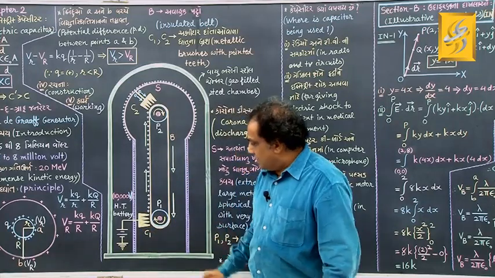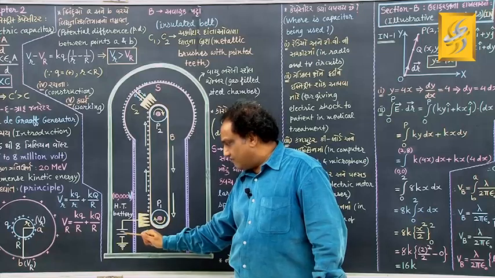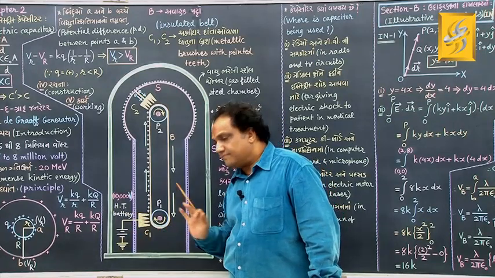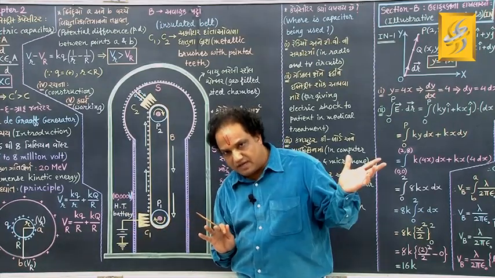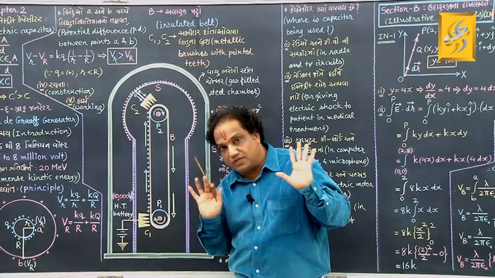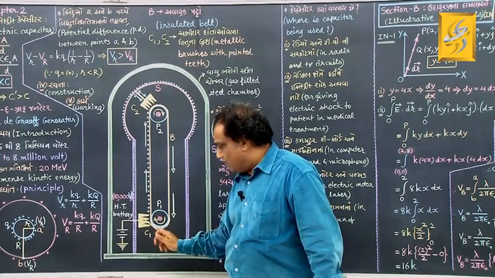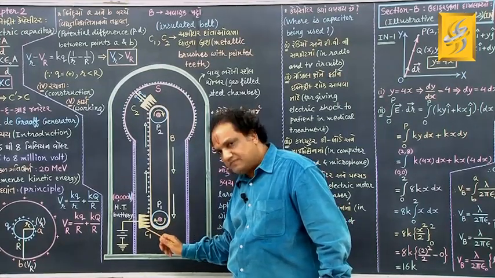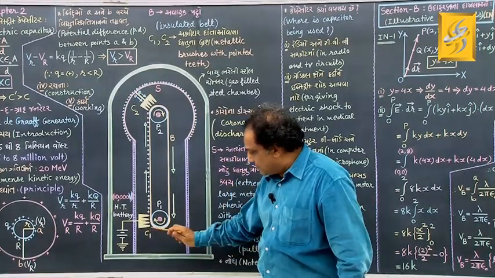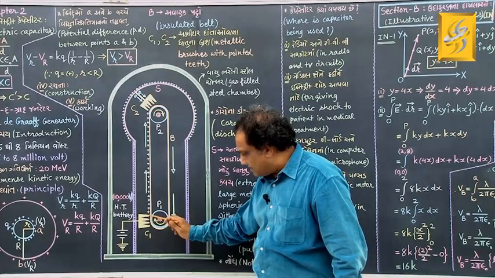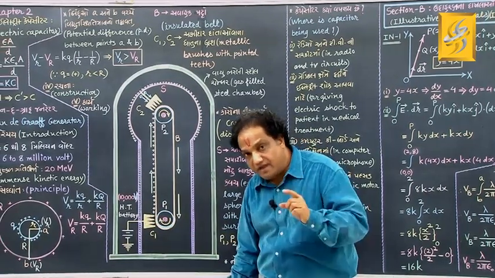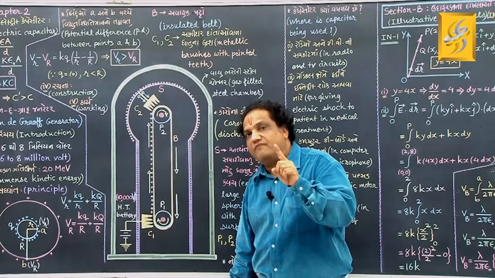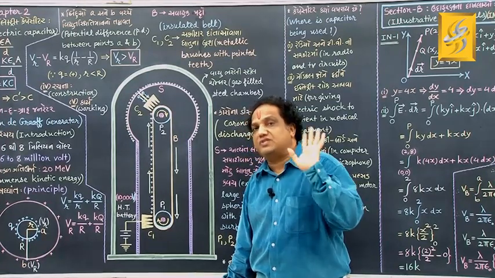Now this spray comb is connected with a high tension battery having terminal voltage, as I explained earlier, very high, 10,000 volt. So you have very high positive potential on the surfaces of these teeth. Correct? And especially at these pointed ends, the intensity of electric field is very high, from which there will be a phenomenon of corona discharge.